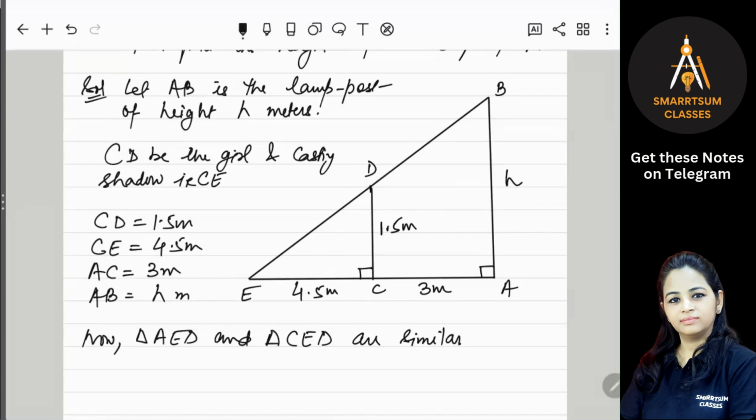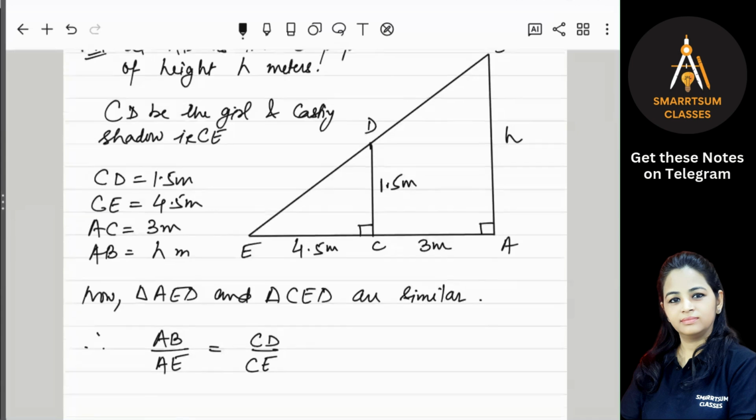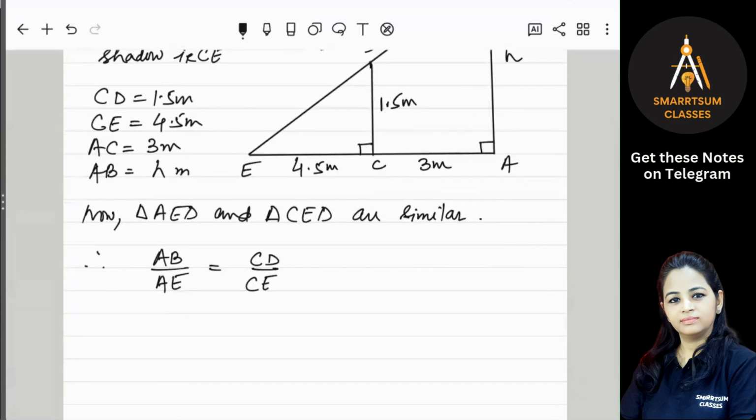Since they are similar triangles, can we say that the ratio of their lengths will also be the same? AB upon AE will be equal to CD upon CE, the similarity property. The ratio of the corresponding heights will be the same.